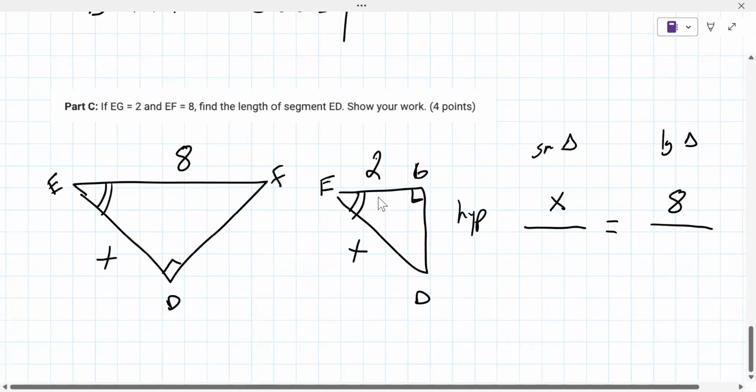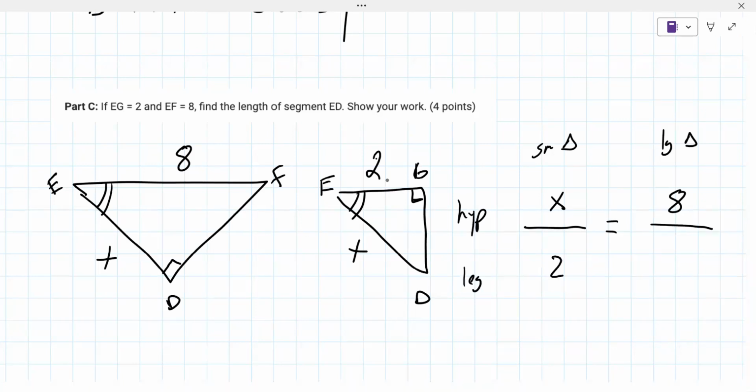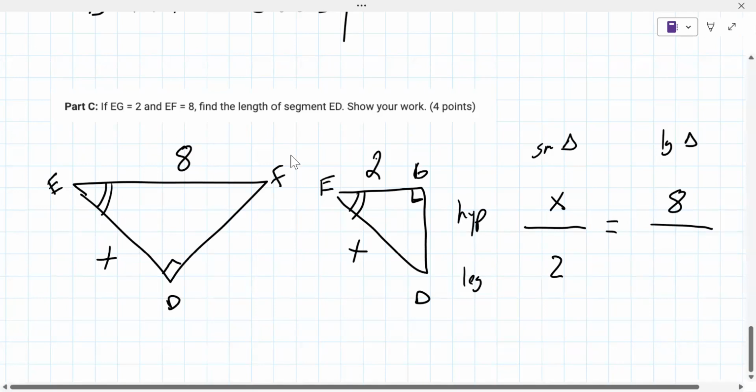So we're going to go with the EG side, which I don't really know what to call. I'm just going to call it a leg in the small triangle. That's 2. Well, what does that go along with?